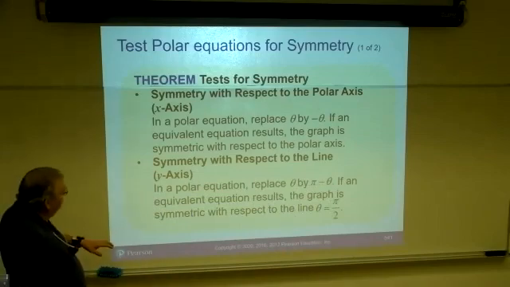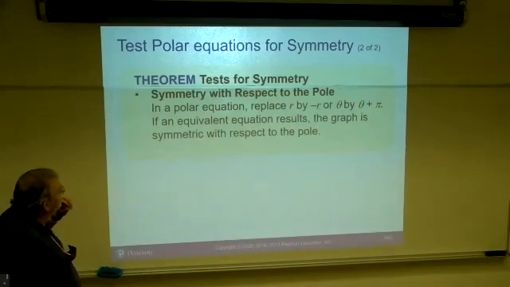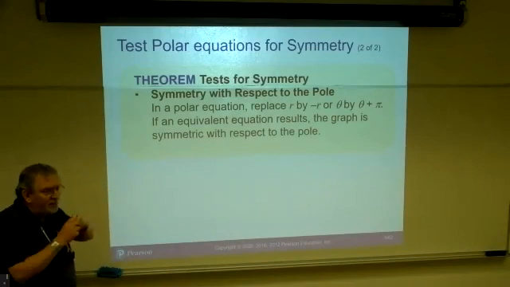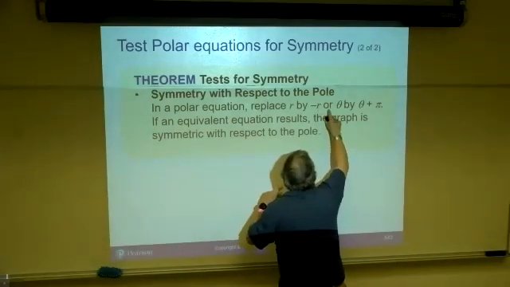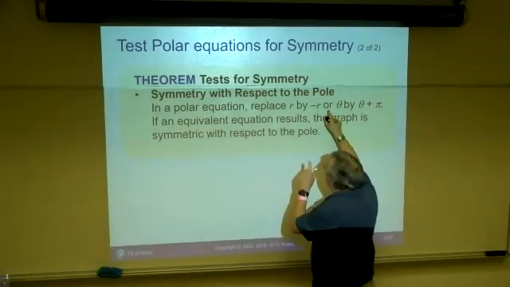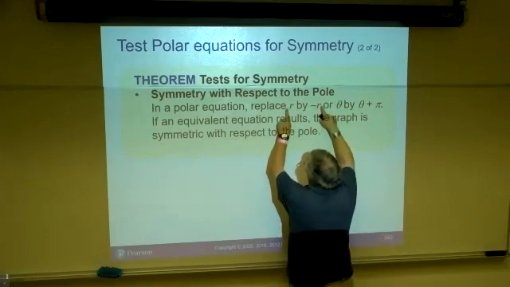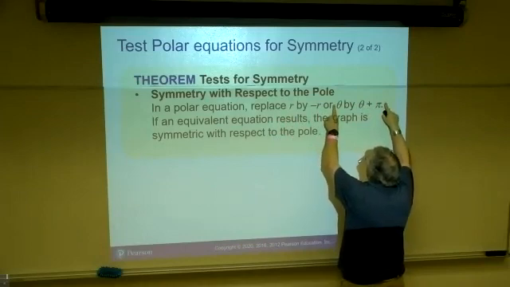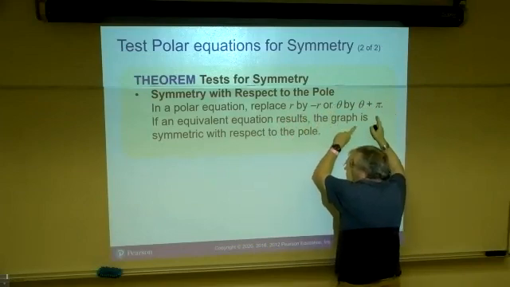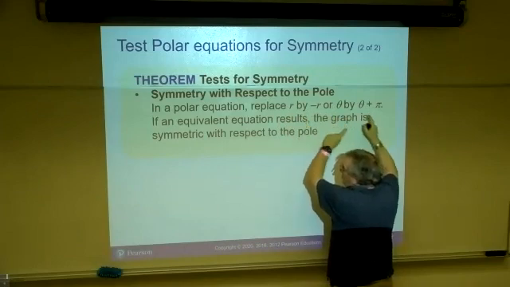Now, to test for symmetry with respect to the pole, you do both of these, but you do them separately, because this or here is not inclusive, it's exclusive. It's either you replace r with negative r, or you replace theta with theta plus pi.